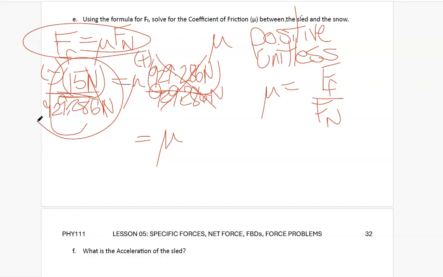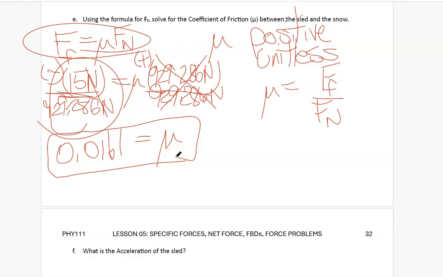We plug that into our calculator and we see the ratio is a very small number, 0.0161. You might say, well, wait a minute, that's a really small number. Well, it is a small number, but what does mu represent? Mu represents how slick a surface is, the contact between two surfaces.